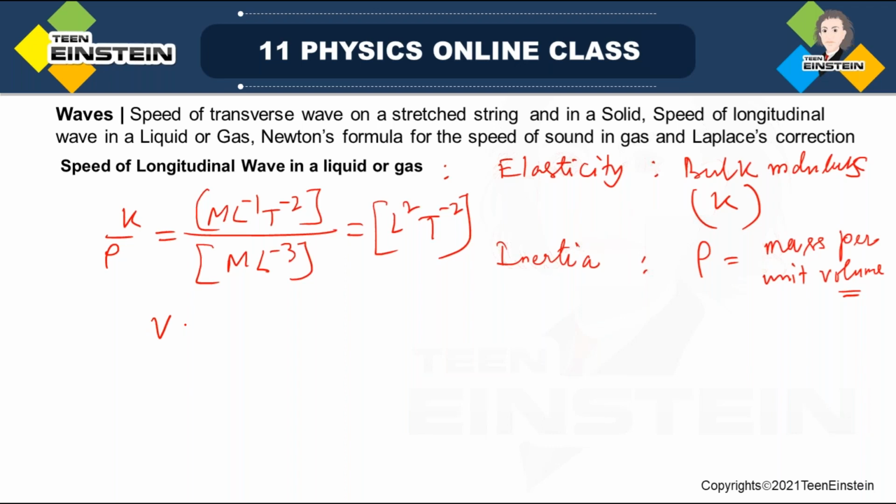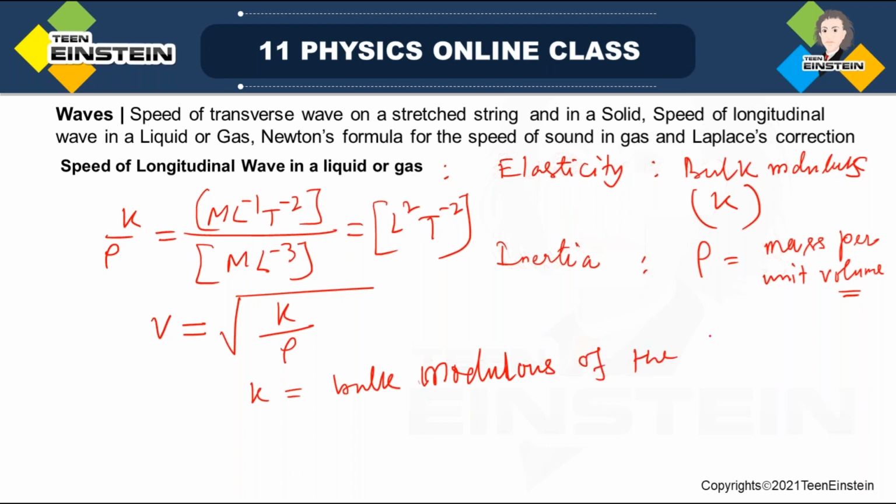The velocity can be written as the square root of kappa by rho, where kappa is the bulk modulus of the fluid, and this rho is the mass density of the fluid.